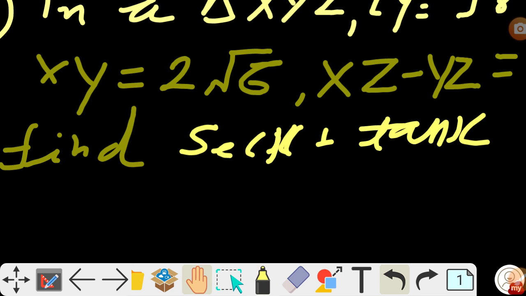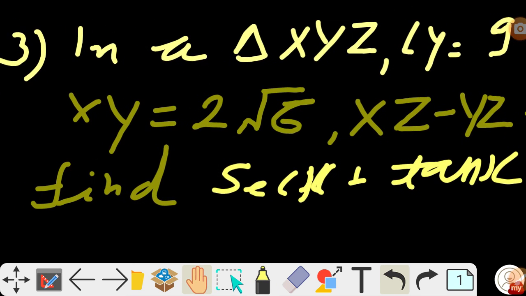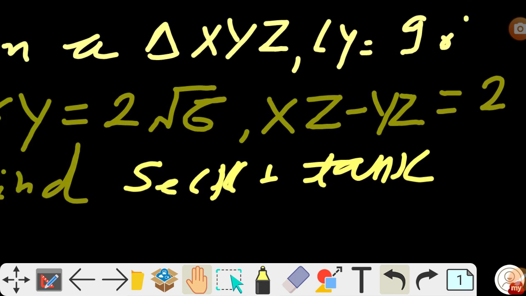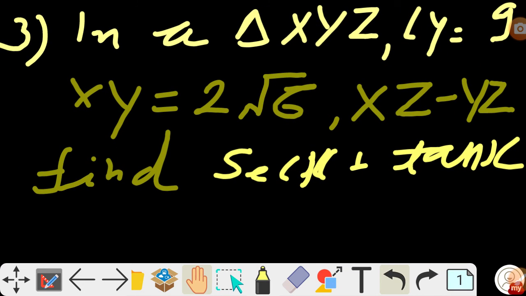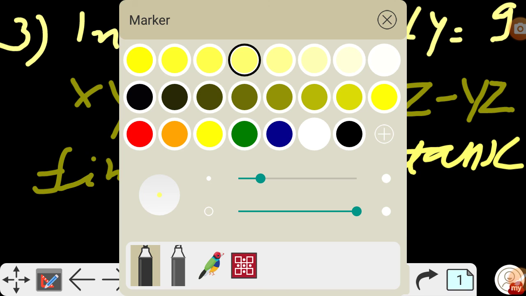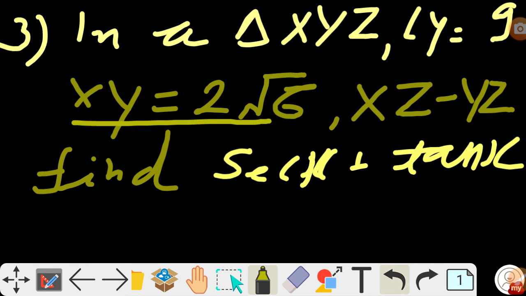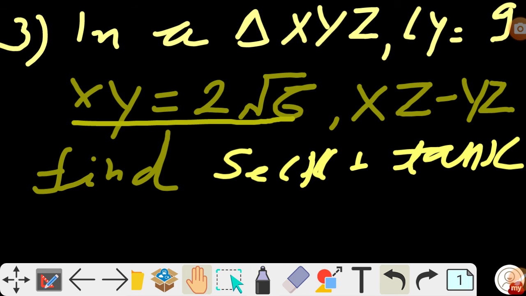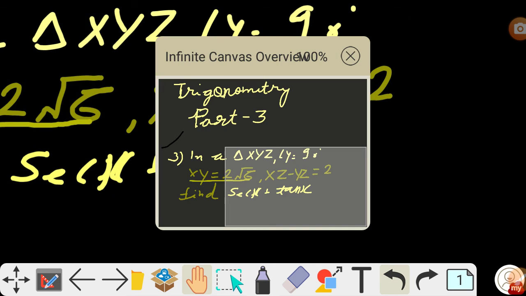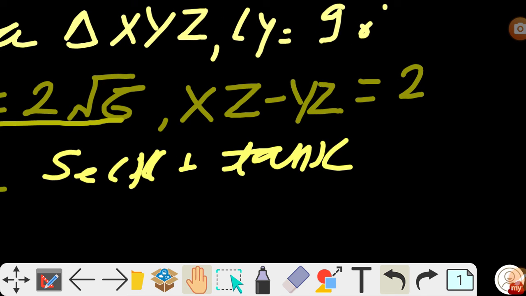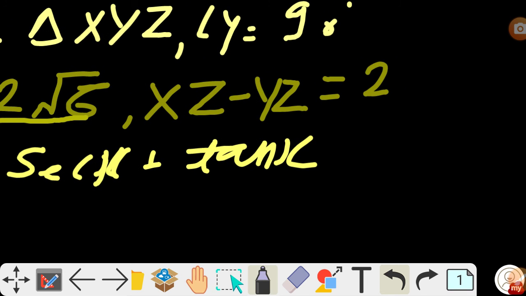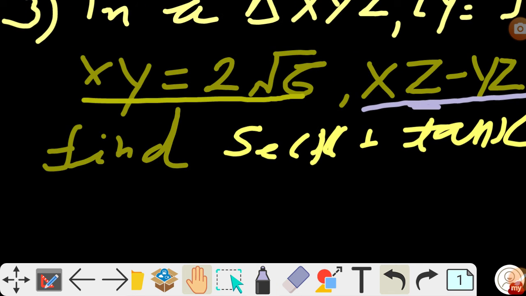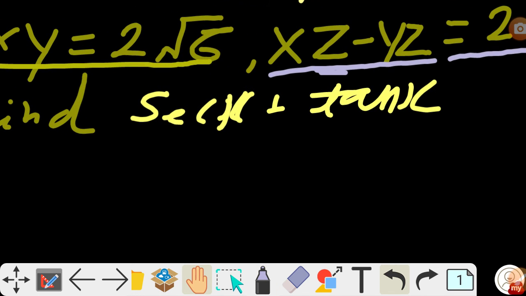The question is, in a triangle XYZ where angle Y equal to 90 degrees and one side is given, XY equal to 2 root 6, we also have the difference between two sides, XZ minus YZ equal to 2. Then find the value of sec x plus tan x.